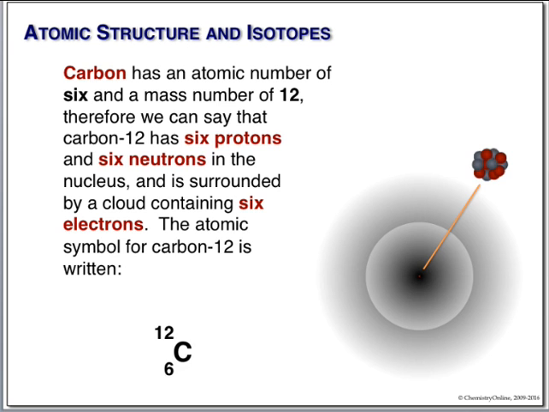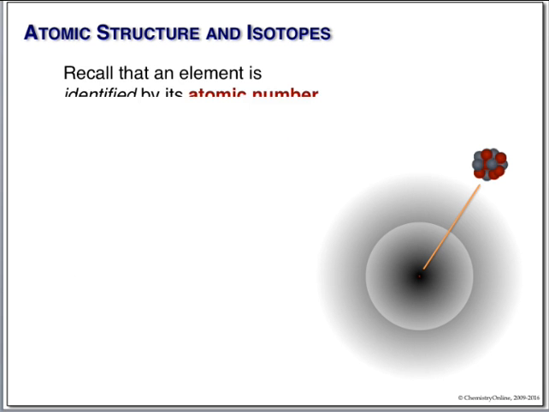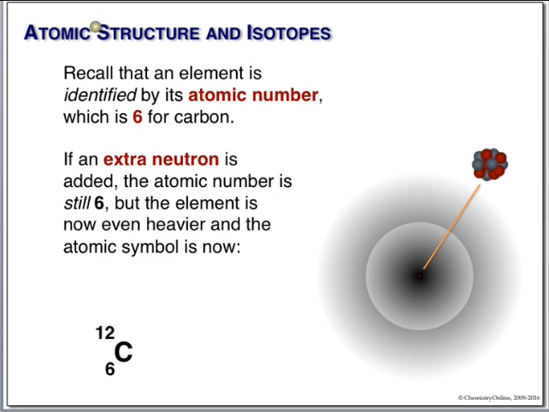If I wrote an atomic symbol here for carbon, I would do it this way: mass number of 12, atomic number of 6. But what would happen if I put an additional neutron in this nucleus? Now our mass number would be 13, but we still only have 6 protons.